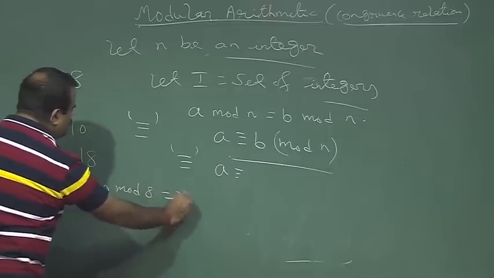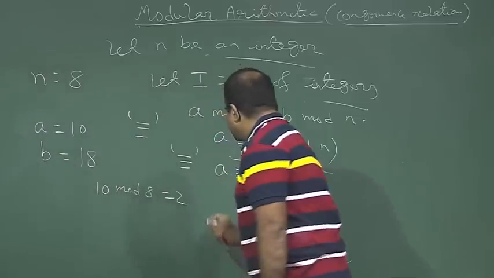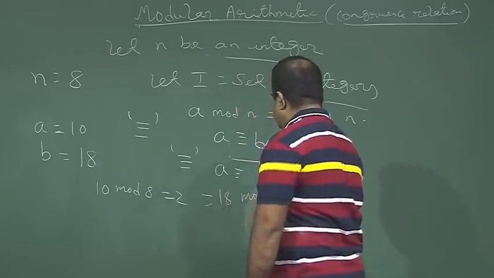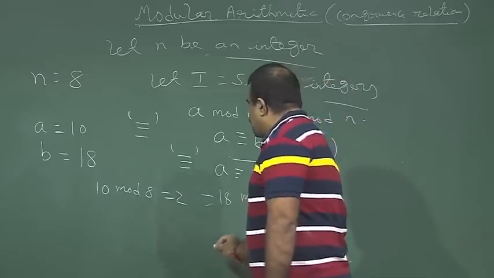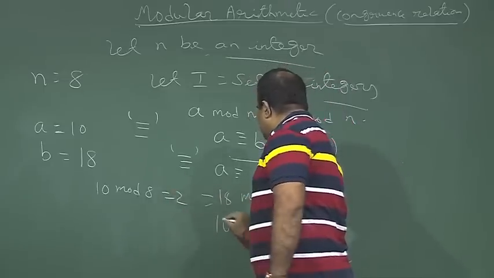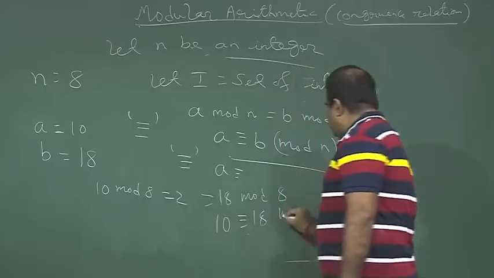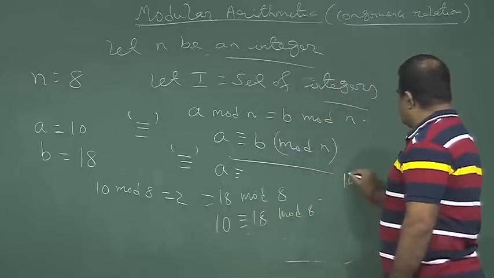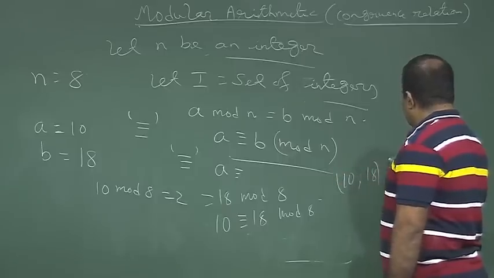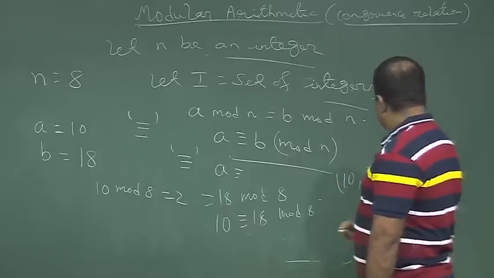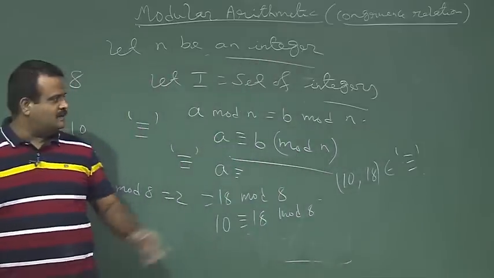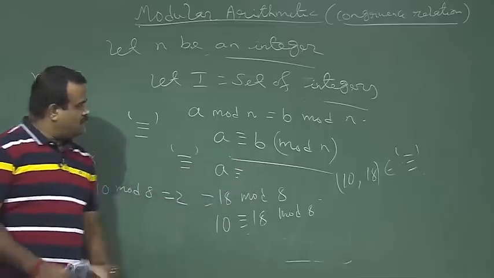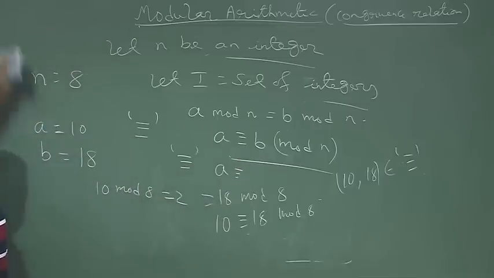It is basically 2, which is the same as 18 mod 8. So that means these two are related. This 10 is congruent to 18 mod 8. So 10 and 18 are related under this relation, which is defined as a is congruent to b mod n.